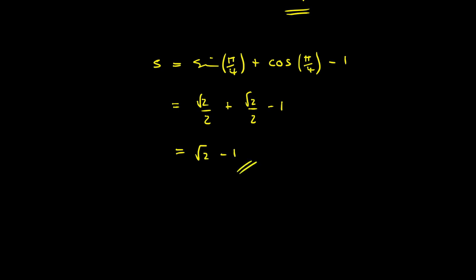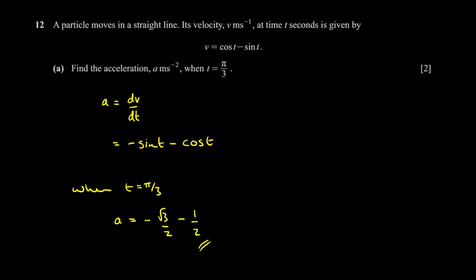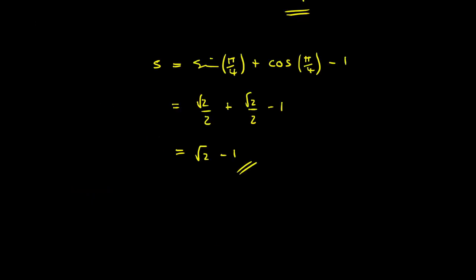Okay. All right, then the next one, find an expression for a in terms of s. Well, I think it'll be more clear if we just write down what our a was, right? So our a was negative sine t minus cos t. And I think, why don't we factorize that and write that as negative bracket sine t plus cos t.